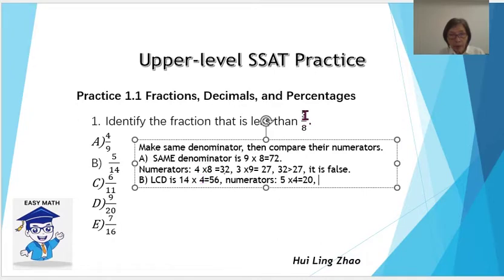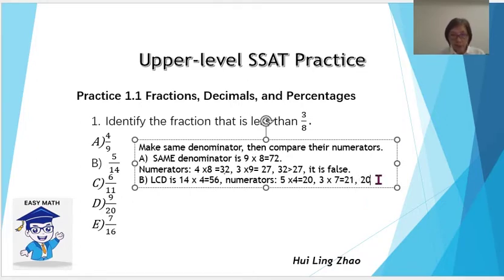And for here, the 3 times 7, right, because 7 times 8 is 56, right? So 3 times 7 is 21, correct?